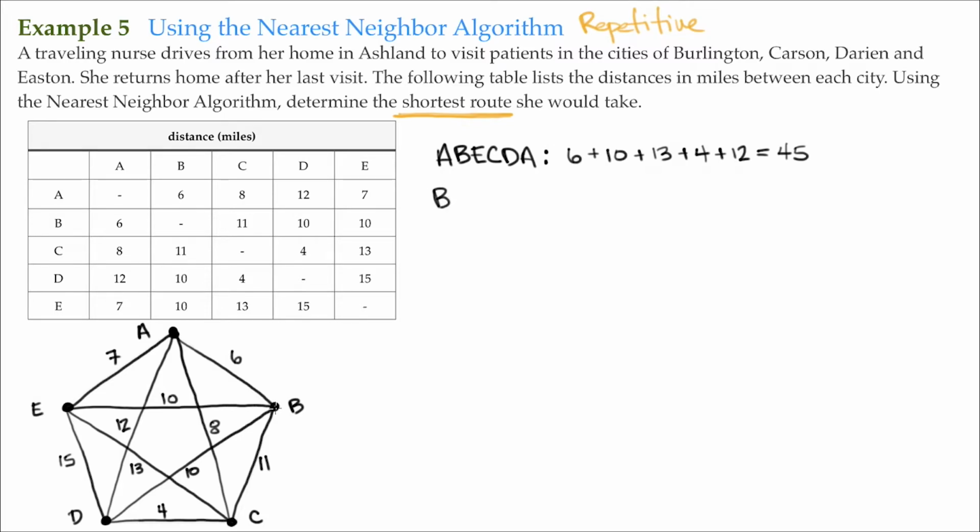We'll use the same idea. We'll go to the shortest or the nearest neighbor, and that would be up to A. That's 6 right here. So we'll go from B to A. Then from there, we'll go to the next shortest one. Well, here's 7. So we'll go from A to E. Go to the next shortest one.